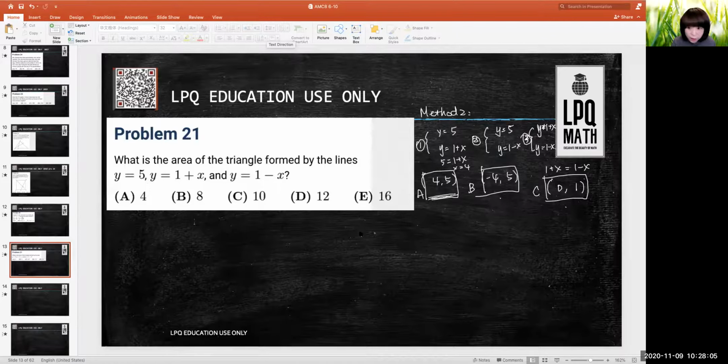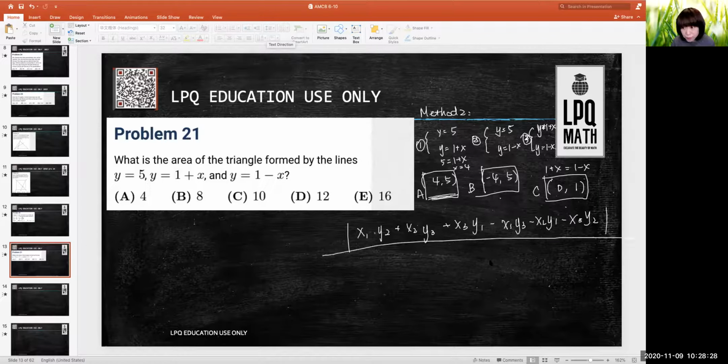It is x1 times y2 plus x2 times y3 plus x3 times y1 minus x1 y3 minus x2 y1 minus x3 y2, the absolute value divided by 2 equals the area of the triangle formed by A, B, and C.